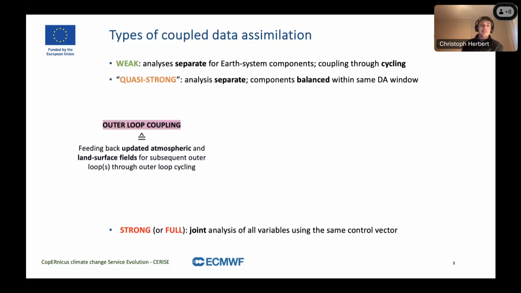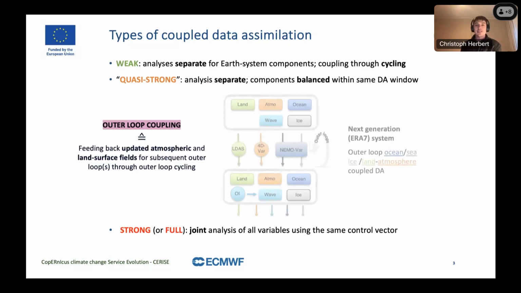So basically, we talk about outer loop coupling, the way the 4D-Var works. We have different outer loops, and then we can feed back within these outer loops the atmospheric and the land surface fields. So we have the benefit of in each outer loop to have the most updated system.